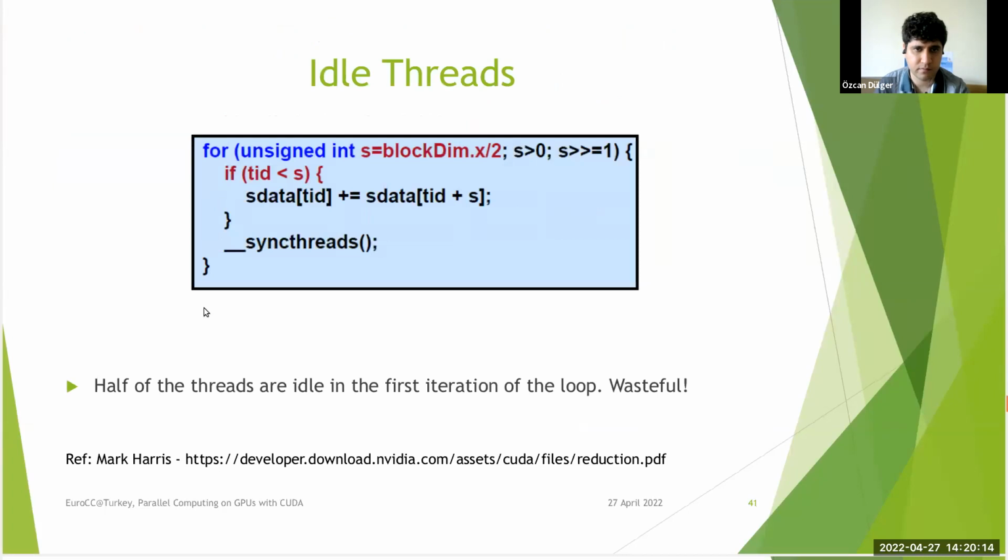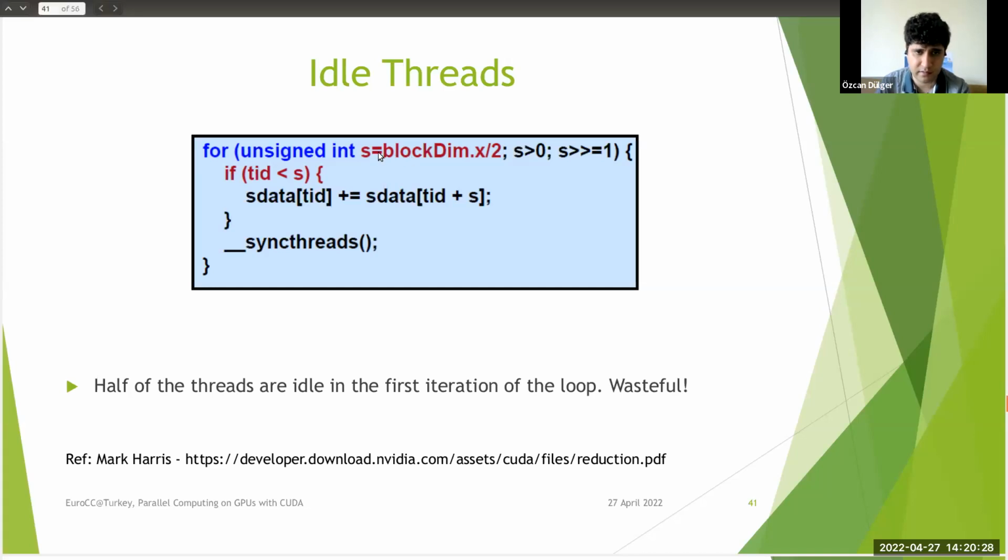But here, there is another problem. The problem is half of the threads are idle in the first iteration of the loop. Since s is set to half of the number of threads in the block, only half of the threads in the block satisfy the if block.